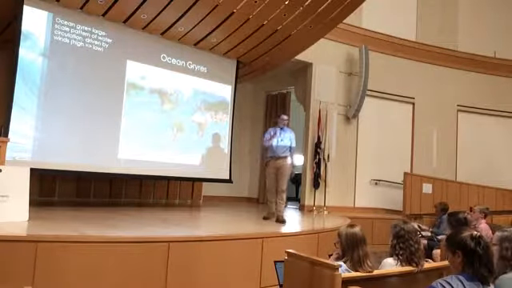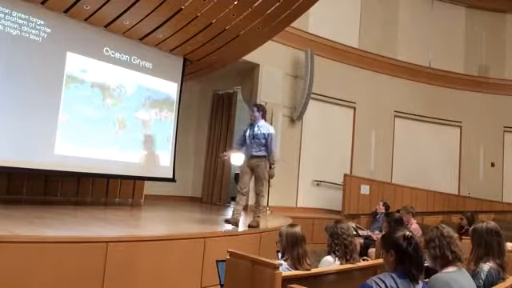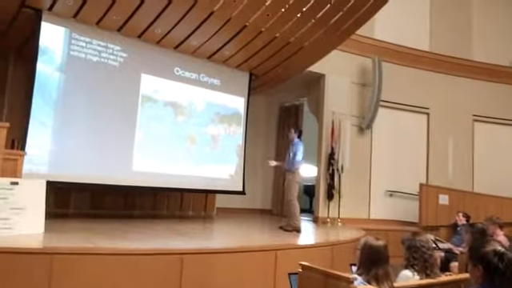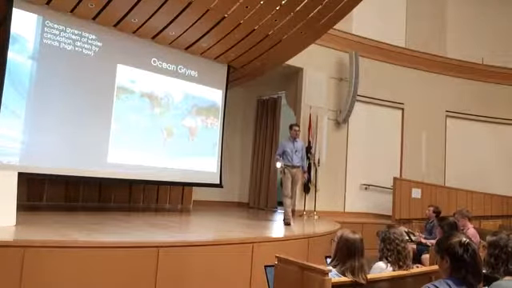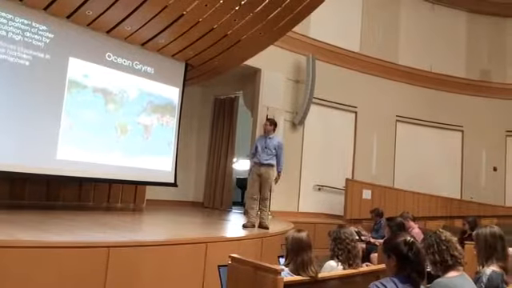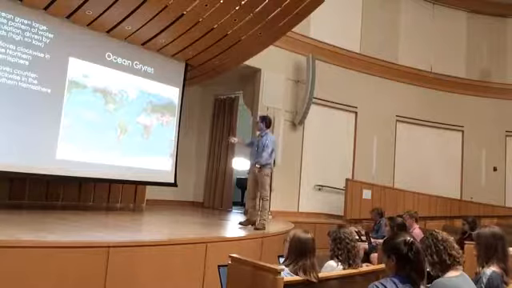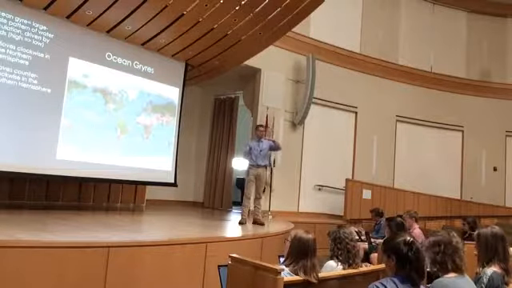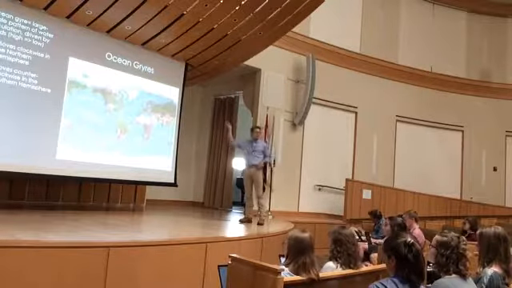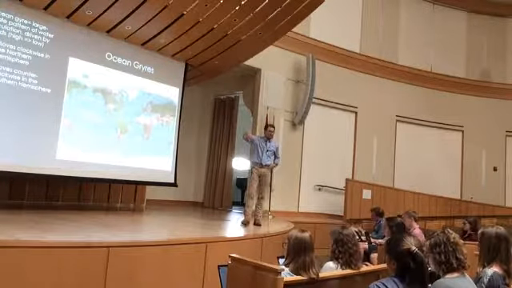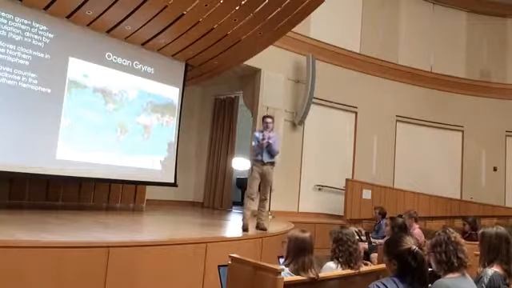So, an ocean gyre is the movement of surface ocean water from areas of high pressure to low pressure. And the driving agent of moving this water is actually the trade winds. So on the surface of the ocean, which is the same as the surface of the earth, we're moving from high to low pressure due to the convection cycle in the atmosphere, and so it's blowing across the top of the water.